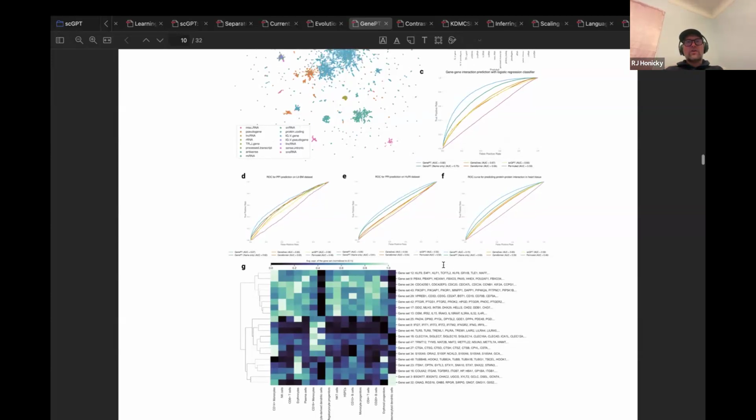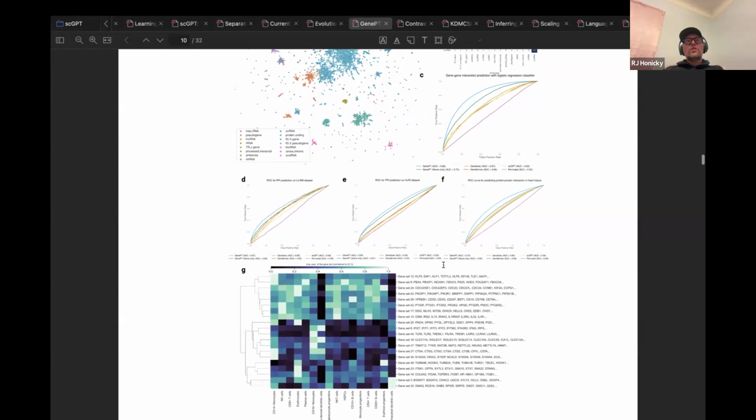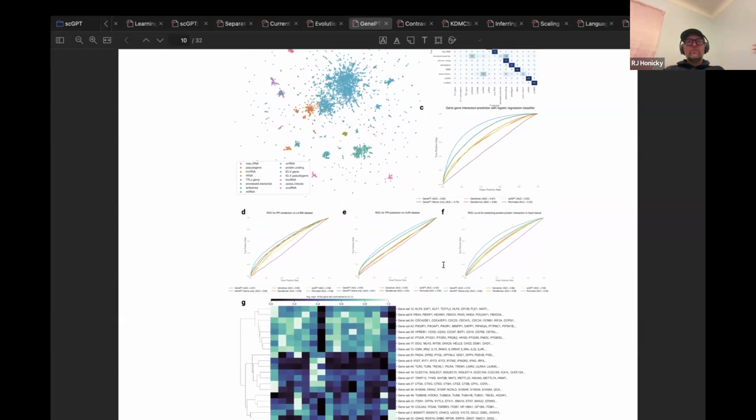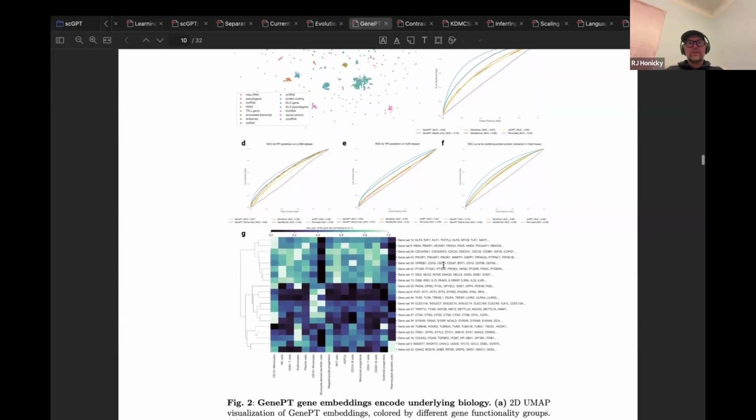So it seems like there are lots of uses of these embeddings. There's been a lot of work previously using much less capable embeddings to do these kinds of analyses. I think this is sort of standard for bioinformatics, and then you just throw a much better embedding model at it and you get much better results.